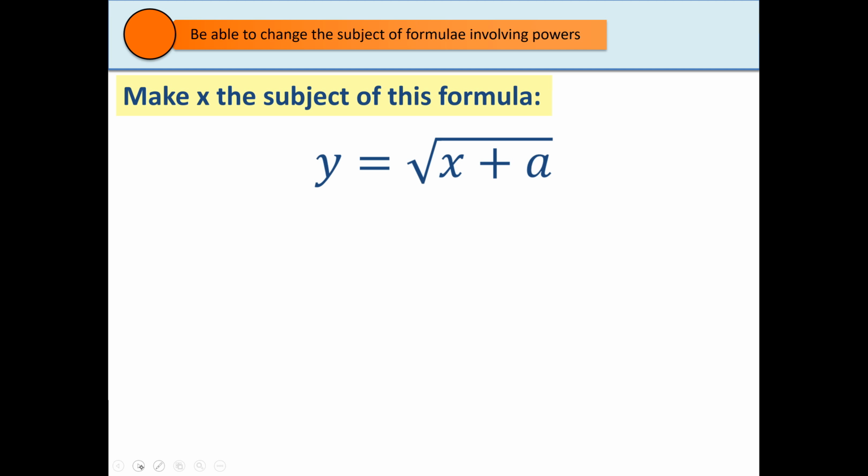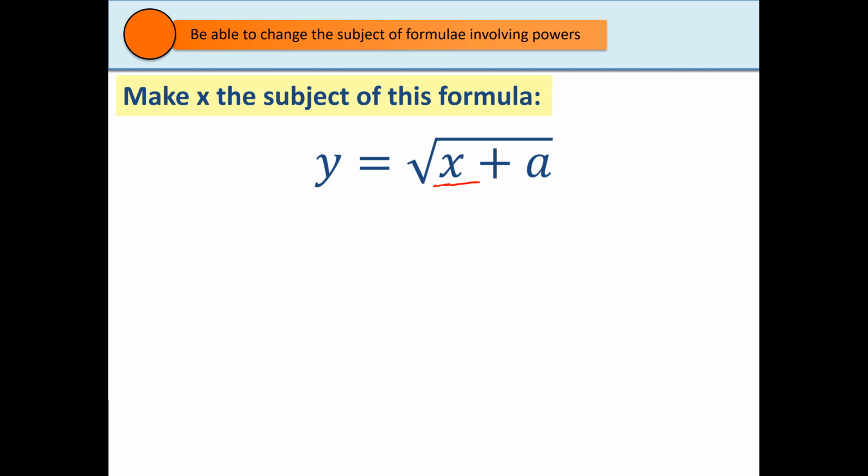Now let's move on to the second objective that we have: be able to change the subject of a formula involving powers. Okay, so we can see y is equal to the square root of x plus a. So we need to make x the subject again, so we have to isolate x. Now because of the square root on the right hand side, first of all we need to get rid of the square root, and the only way to get rid of the square root is by doing the opposite, which is squaring.